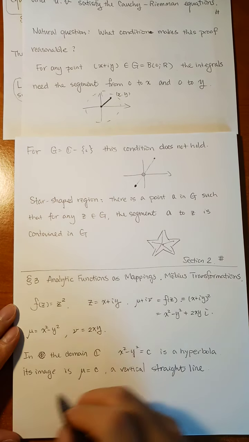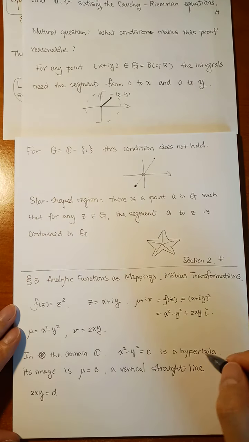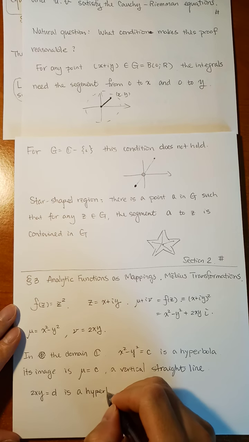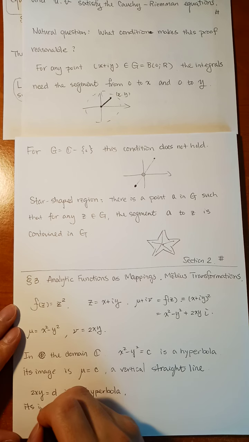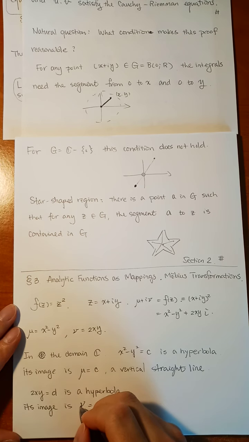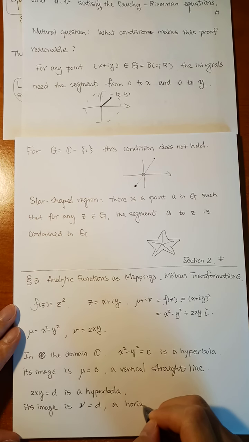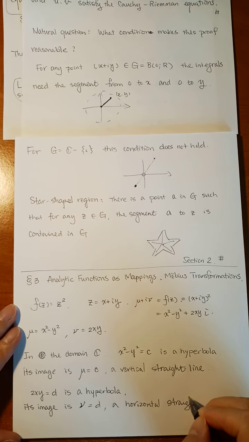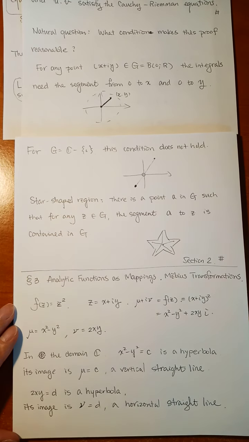And 2xy equal to d, this is again a hyperbola. Its image, v equal to d, is a horizontal straight line.